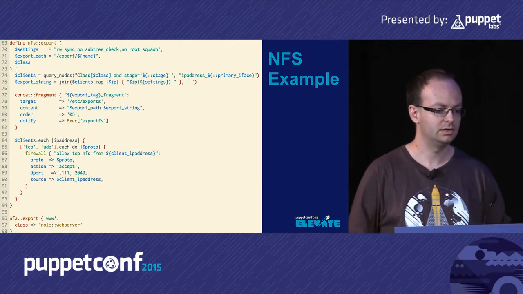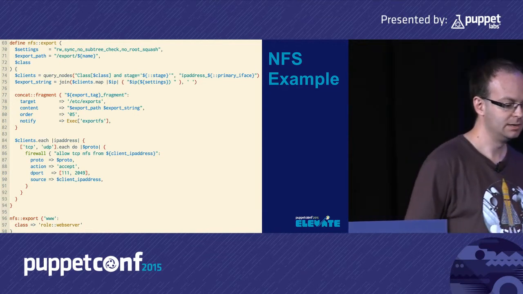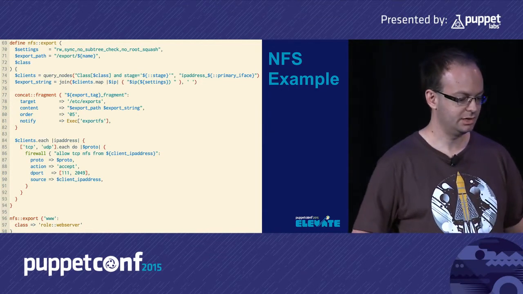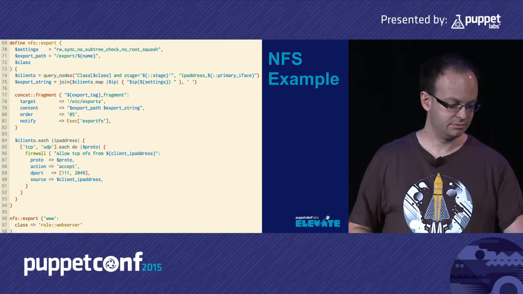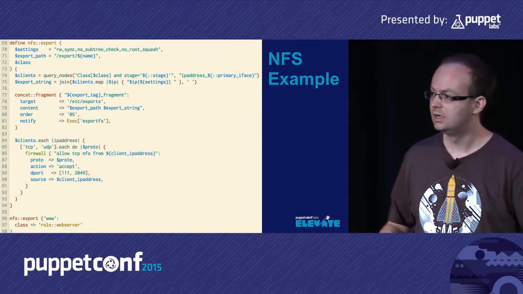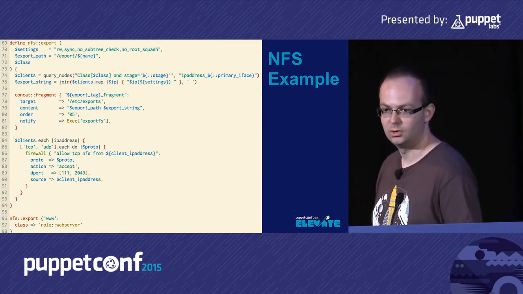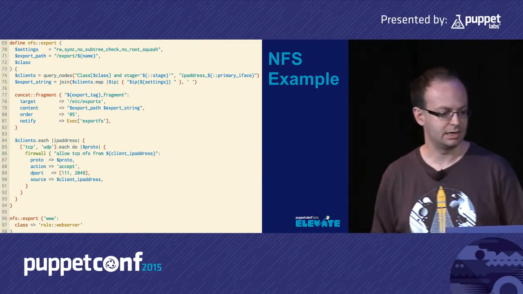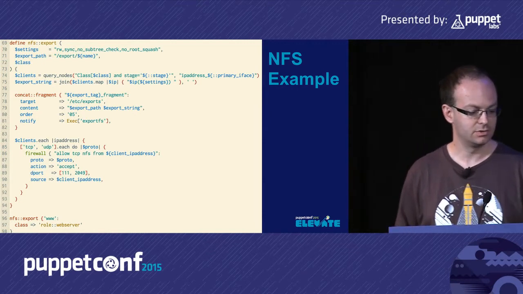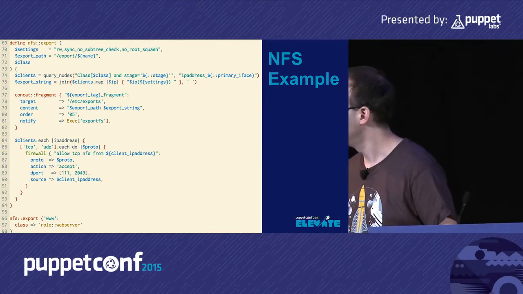Here's a simple example of an NFS export defined type. It's basically the same thing. So you're saying, I have a dub folder on my NFS server that I want to export, and I want it to have access from all the nodes that are a role web server.